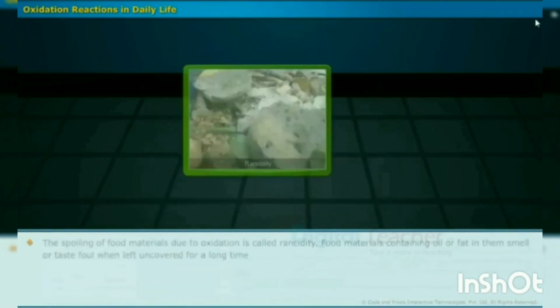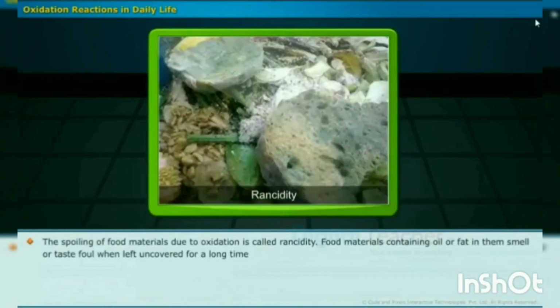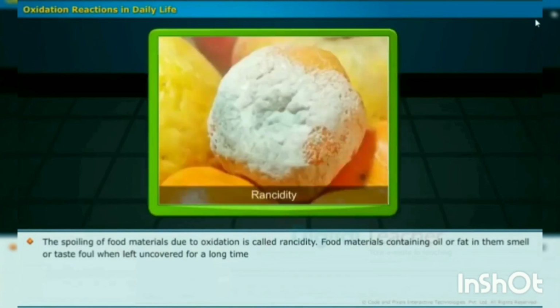All these are examples of oxidation. Now, the spoiling of food materials due to oxidation is called rancidity.